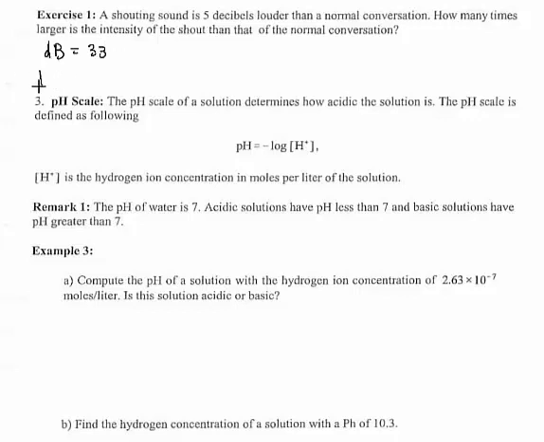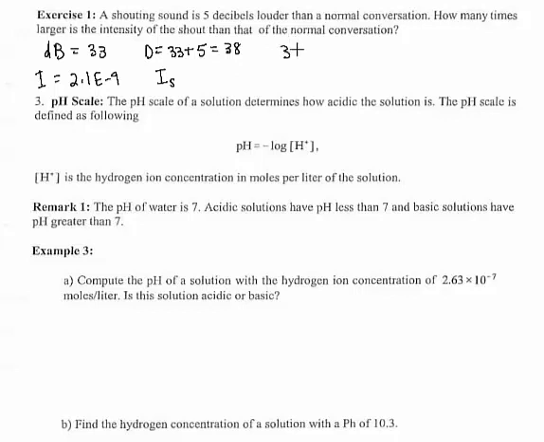And then for the intensity, we were told 2.1 e to the negative 9. So what kind of intensity would we get for a shout? That's what we want to solve for. And we're told that it's 5 more decibels, so D would equal the normal conversation plus 5, which gives us a decibel reading of 38.